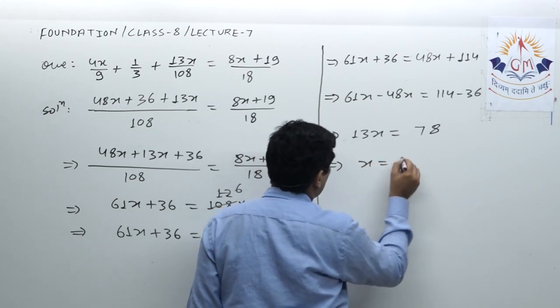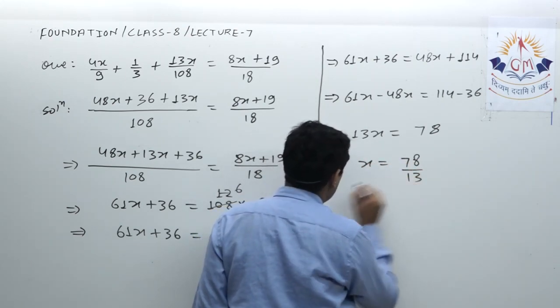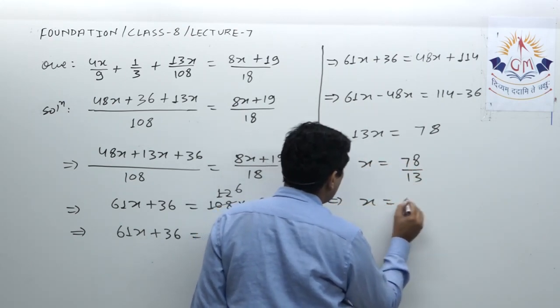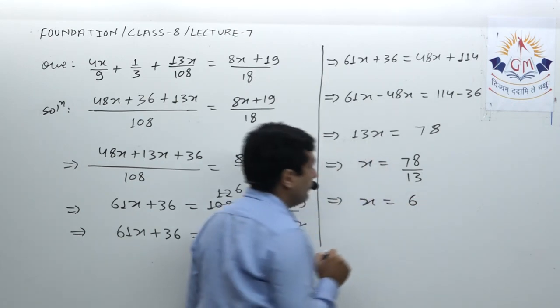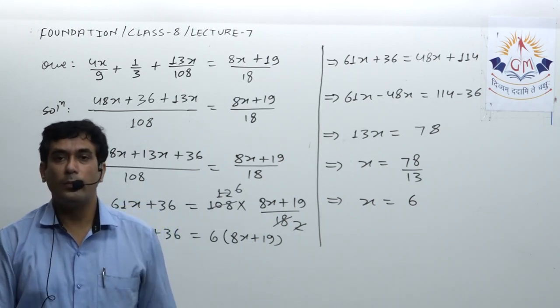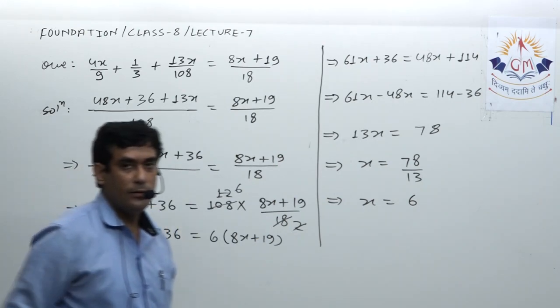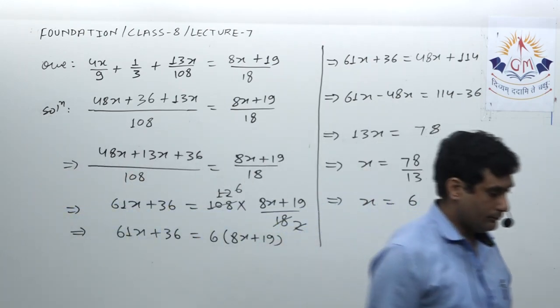Therefore x is equal to 78 upon 13, and hence x is equal to 6. So this is my final answer. Please note it down, then we'll see the next question.